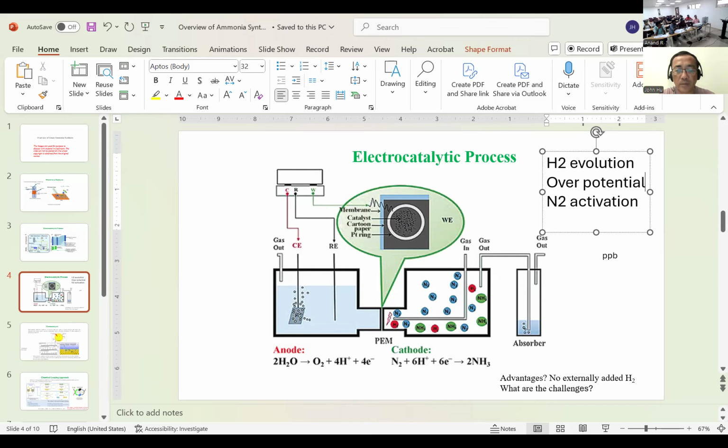And the second thing, for the hydrogen evolution, we can increase the electrical supply, in such a way that it can easily dissociate the water molecules, so that the hydrogen ions will be easily obtained.